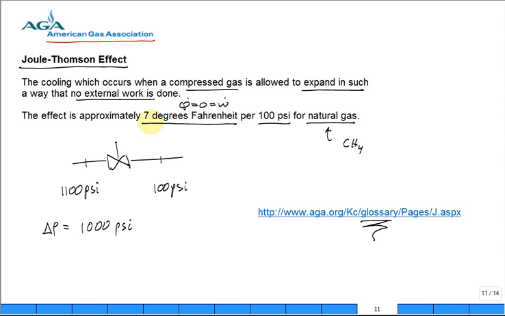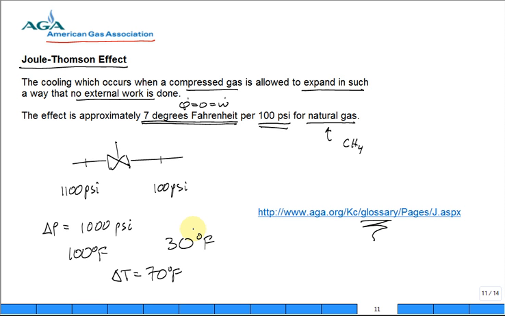They say that there will be a 7 degree Fahrenheit drop for every 100 psi pressure drop. If this is coming in at, let's say, 100 degrees F, what's the temperature drop if the pressure drops 1,000 psi? 70 degrees F.